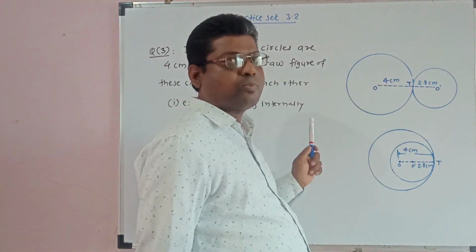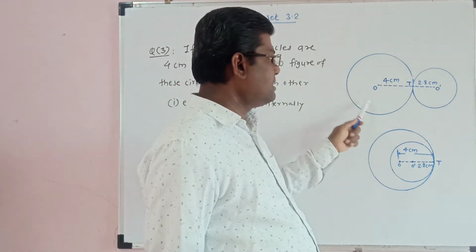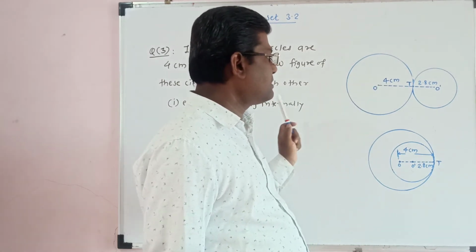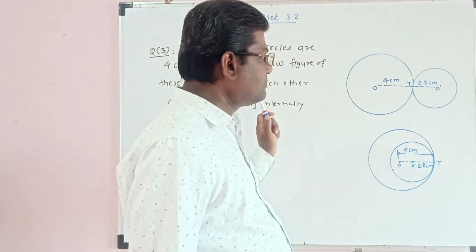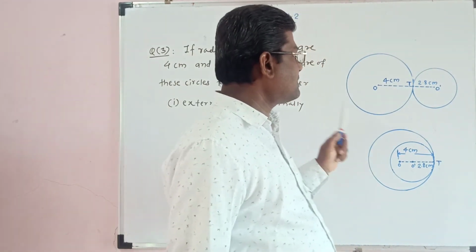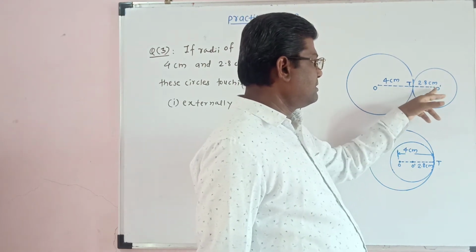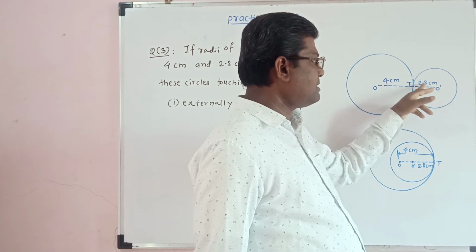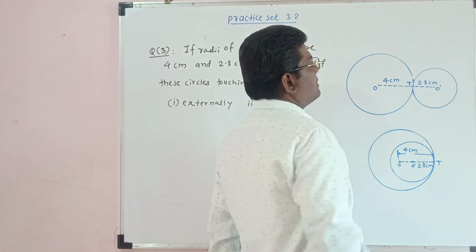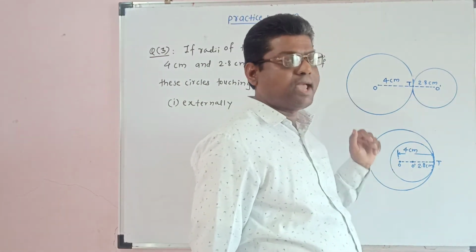Take a distance of 4 centimeter in a compass and draw a circle of radius 4 centimeter, and the center of that circle is O. Now take 2.8 centimeter distance in a compass from point T, take the point O dash at 2.8 centimeter and draw another circle of radius 2.8 centimeter with center O dash.